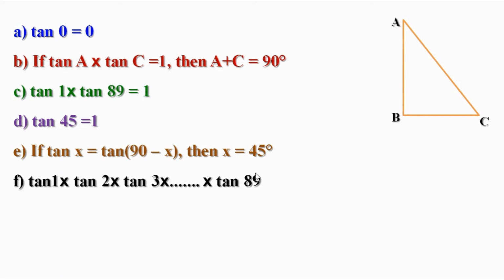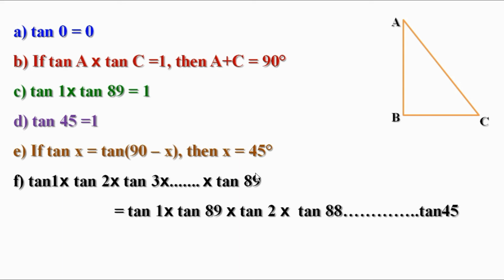That's equal to tan 1 into tan 89 into tan 2 into tan 88 into tan 3 into tan 87 etc. into tan 44 into tan 46. Now tan 45 remains into tan 45. 1 plus 89 equals 90. Therefore, tan 1 into tan 89 equals 1.